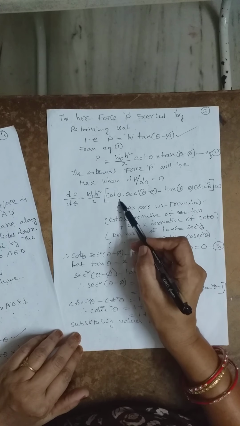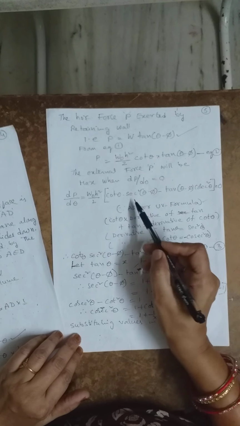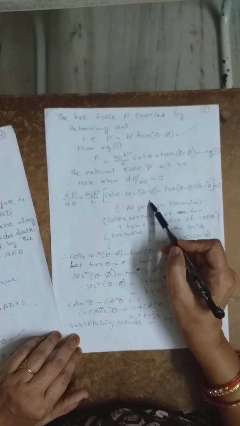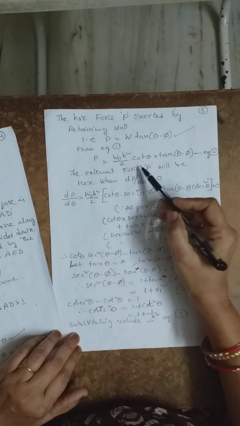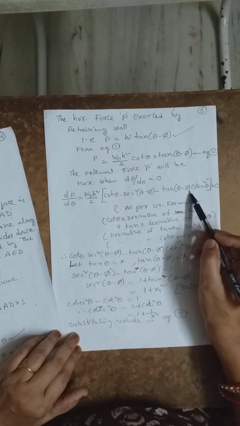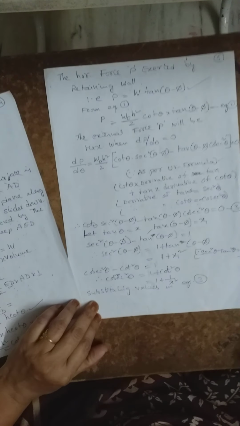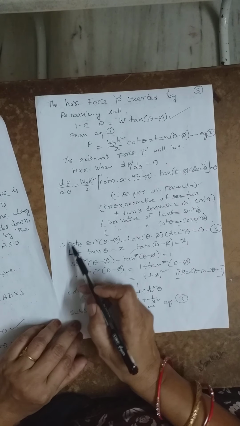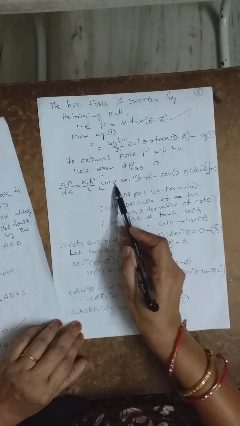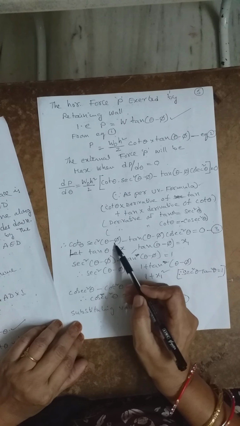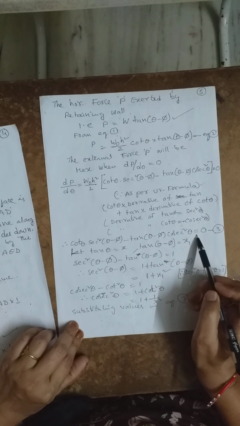So if we substitute, w0 H square by 2 into cot theta secant square of theta minus phi, minus tan of theta minus phi into cosecant square theta, is equal to 0. Therefore cot theta secant square of theta minus phi minus tan of theta minus phi cosecant square theta is equal to 0.